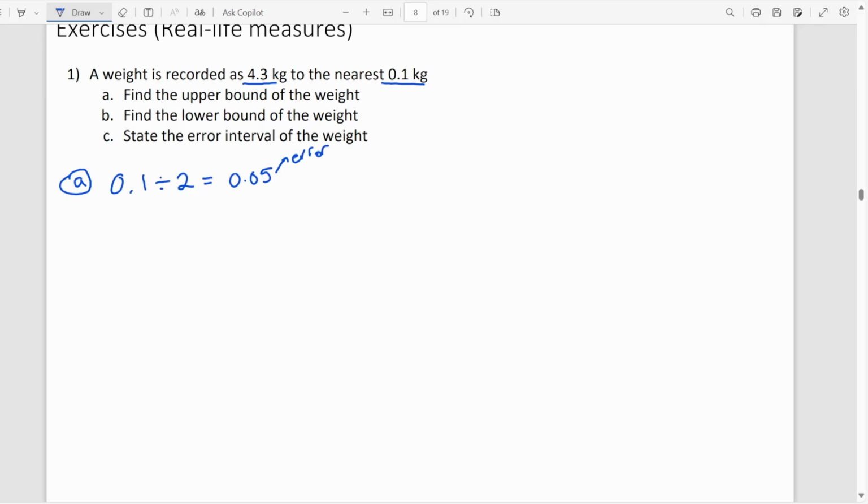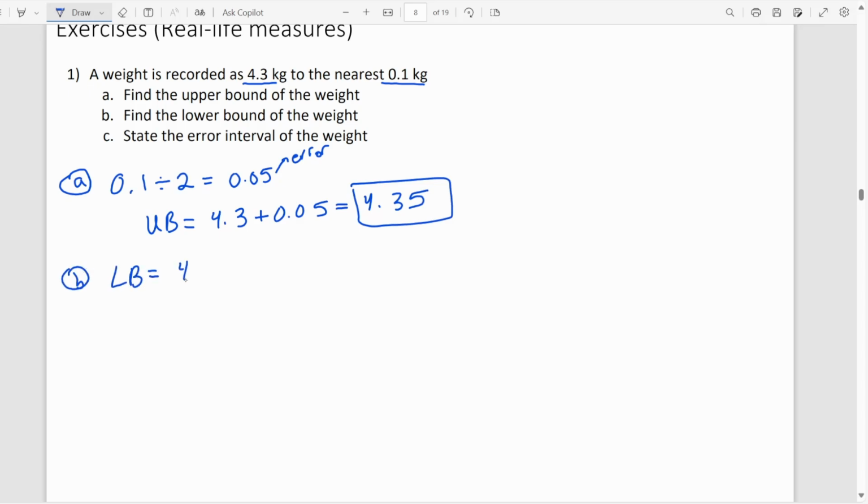So now the upper bound is 4.3 plus 0.05. So 4.35. Okay. Now the lower bound is going to be 4.3 minus the error, which is 0.05.